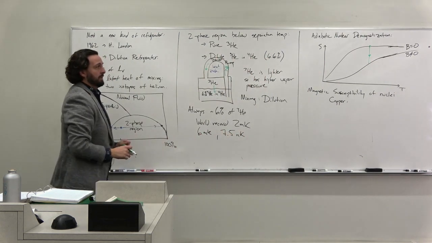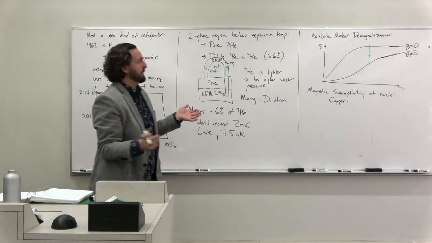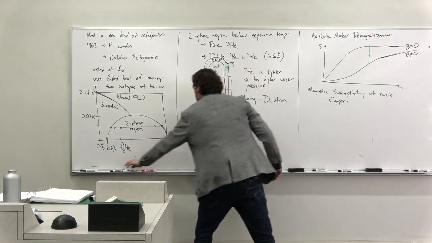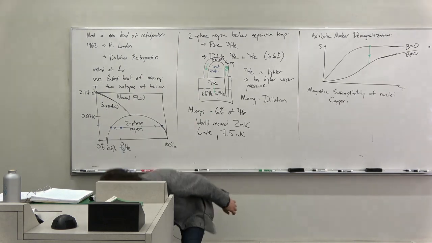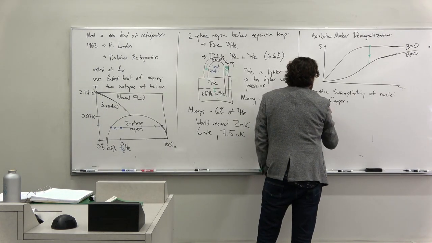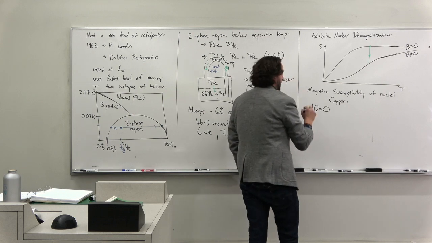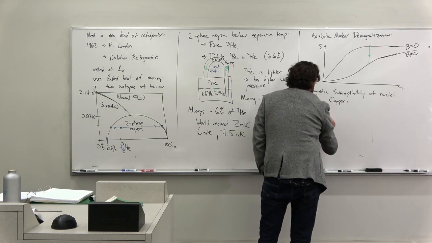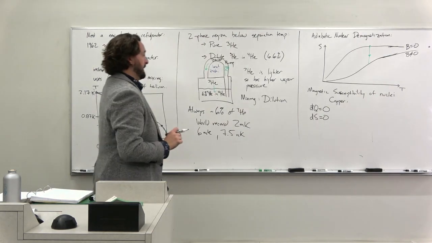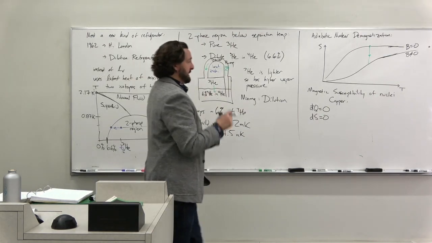And then, if you isolate the system from the rest of the world, so that dQ is 0, if dQ equals 0, then dS equals 0, all right, because dQ is TdS.